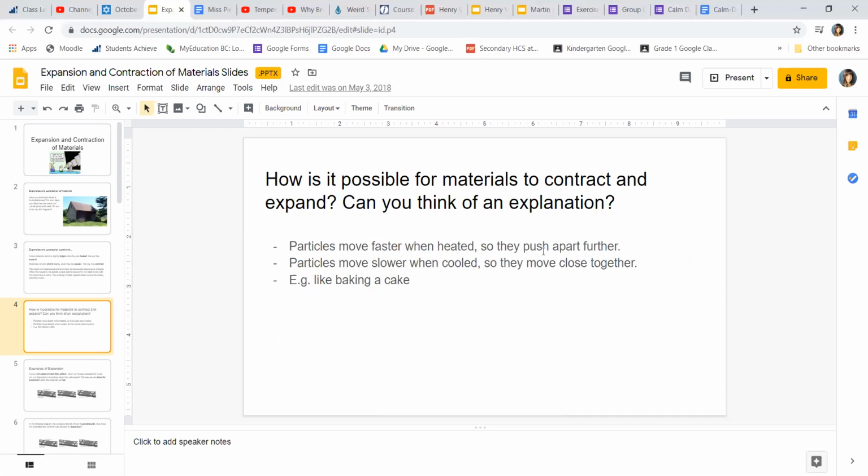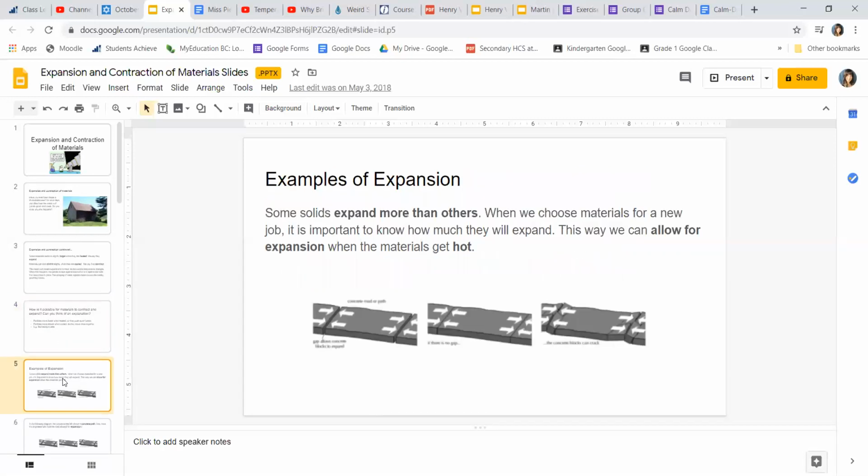If you had a pot of water on the stovetop, the particles in the water are going to be moving a lot faster as they're getting heated, and they're pushing further apart, because with a gas the particles are much further apart from each other compared to a liquid or a solid. So they're pushing further apart when they're being heated. And when an item is being cooled, the particles are going to be moving slower and they move closer together.